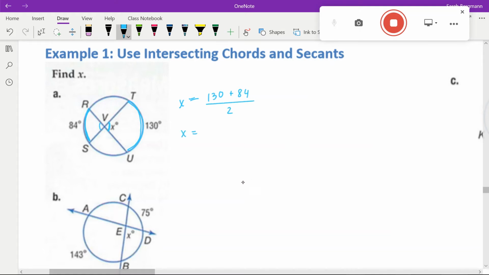Let's simplify this. You have to add the numerator first because technically there's a parentheses around it, and remember PEMDAS: parentheses come first. We have to add up those numbers first. That gives us 214 divided by 2, which is 107. So x is equal to 107.